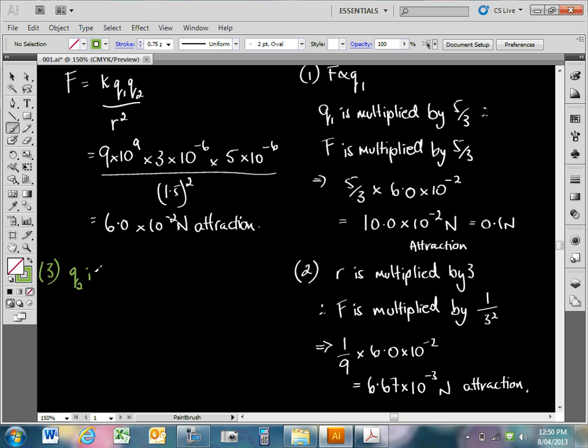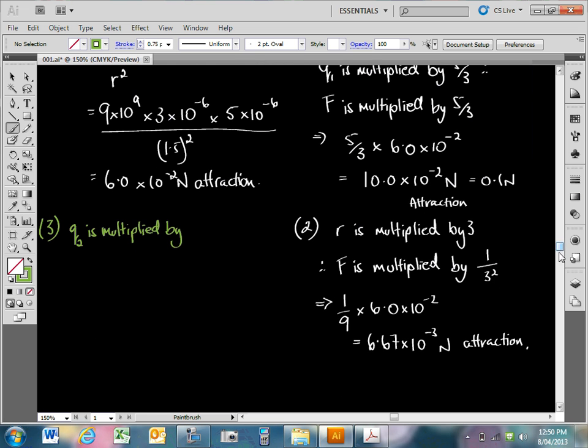Q2 is multiplied by, has anybody got it? Somebody else? It's changed from 5 to 3, isn't it? 3 over 5. R is multiplied by, how do we get from 1.5 to 1? 2 over 3, isn't it?